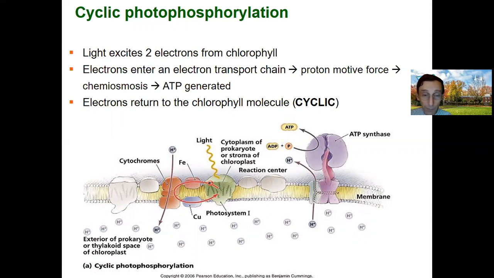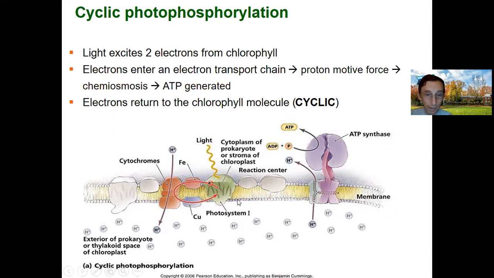And this should look familiar to you. It's very similar to the electron transport chain in aerobic respiration, and it's using the same process to make ATP. It's pumping hydrogen ions to one side of the membrane and then using that twofold hydrogen ion gradient to make ATP. You don't really need to know this, but this happens in a chloroplast.